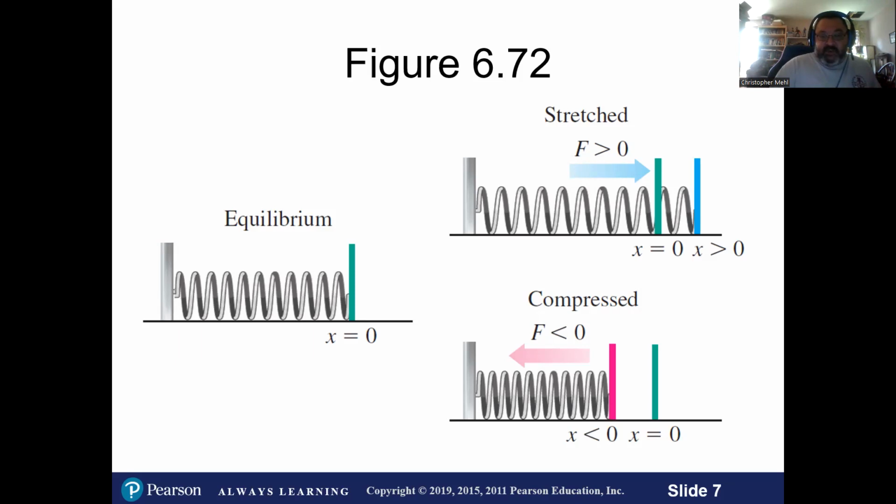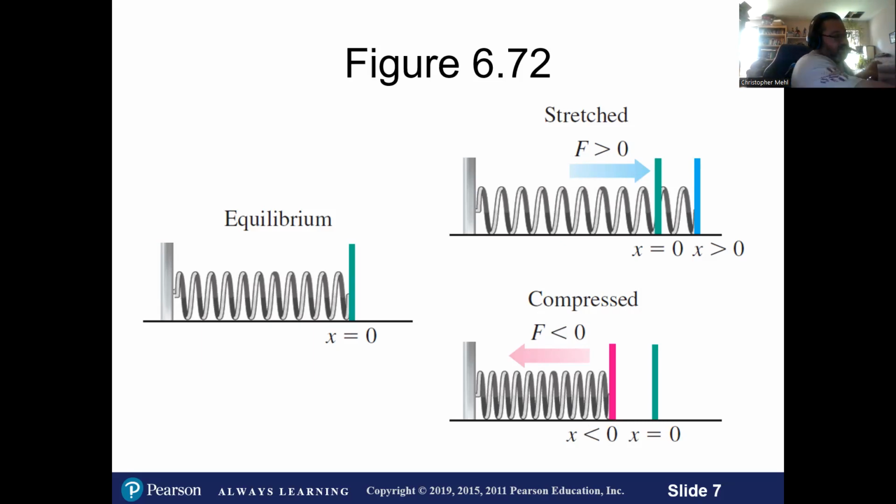Then the force is less than 0, because of the direction we're applying it. Force is a vector; it has a direction. So in the compressed direction, F is less than 0, and we're moving it from x equals 0 to a point x less than 0. Okay, so that's our basic spring setup.